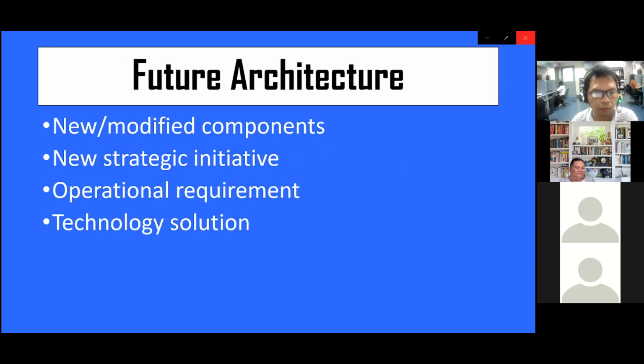Anyway, EA is a comprehensive document, so the current architecture should be as clear as possible so that the modification or the improvements that will be implemented in the future architecture will be clear and direct as well. So the solutions to different problems could be a technology solution, or an operations level solution, or a management solution. So that's where you would see it on the future architecture.